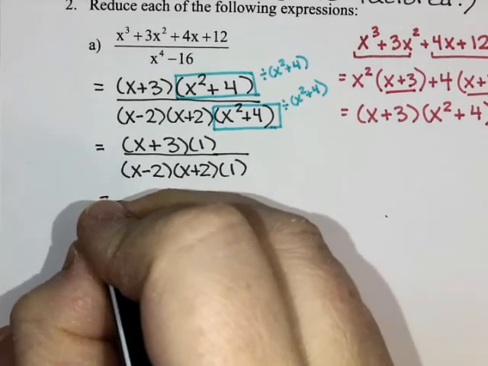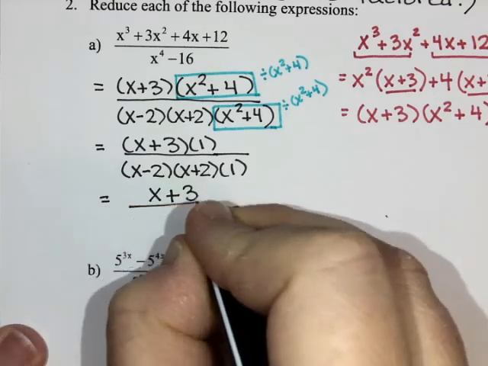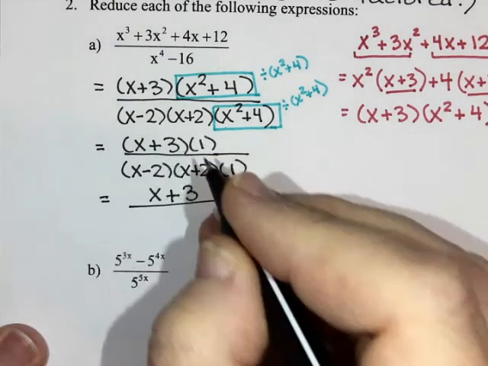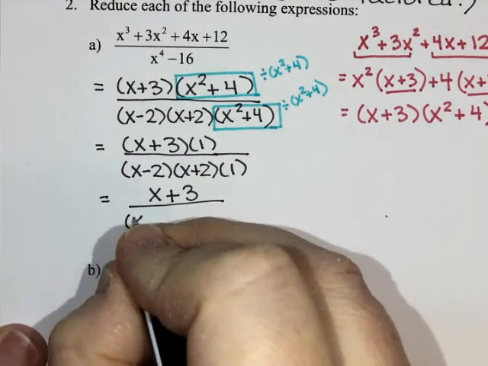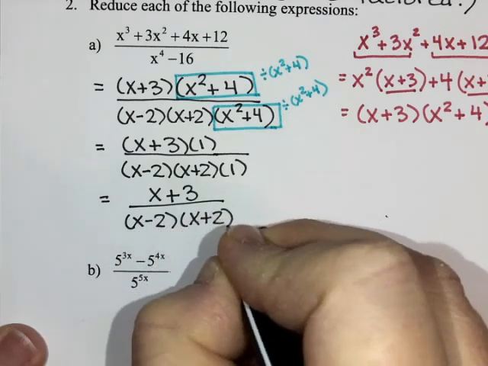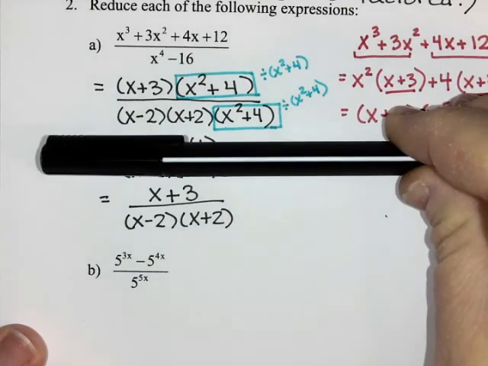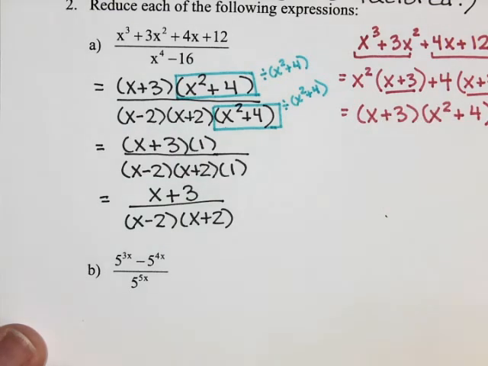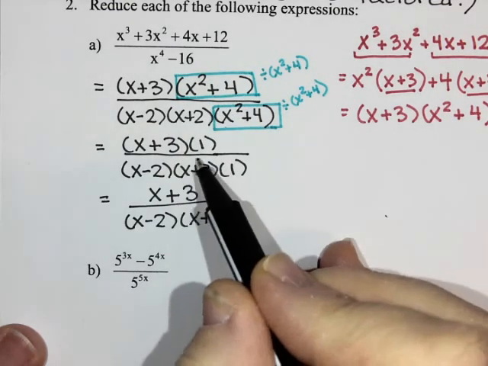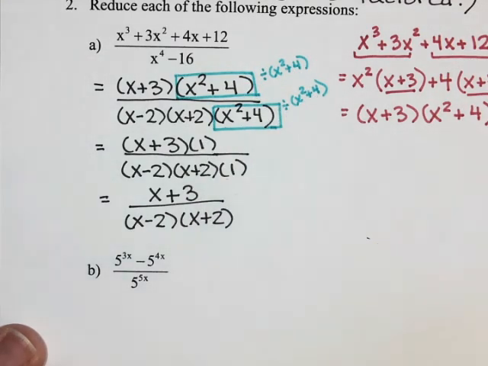So we would normally just say this is x plus 3. And if you think about it, x plus 3 times 1, that's just x plus 3. And then this is x minus 2, x plus 2. So this middle step here is kind of unnecessary. We don't normally write that middle step down. We would just divide it out and then not write the brackets anymore. But it technically is 1, just so we're aware. This divided by that is 1. This divided by that is 1.